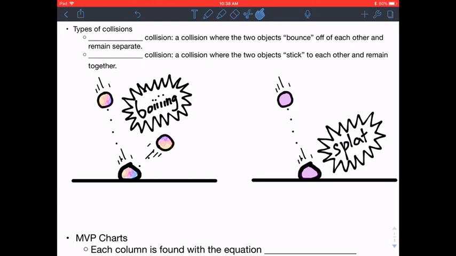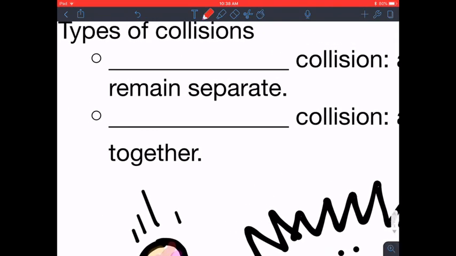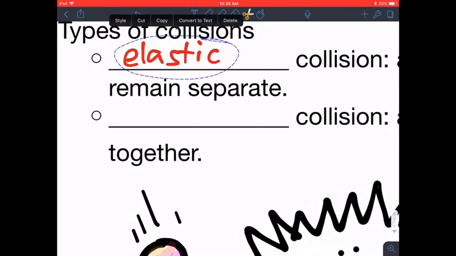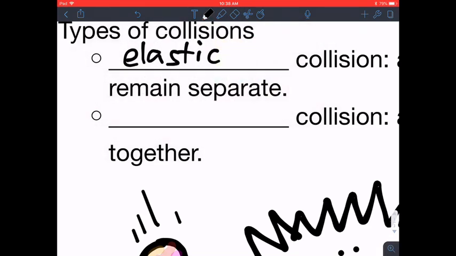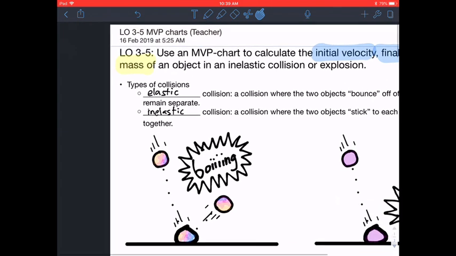All right, there are two types of collisions that we need to know for right now. The first one is an elastic collision. And the second is an inelastic collision.